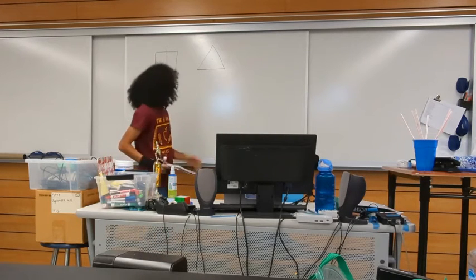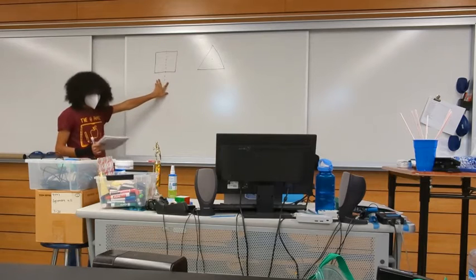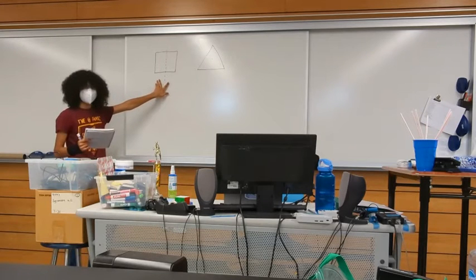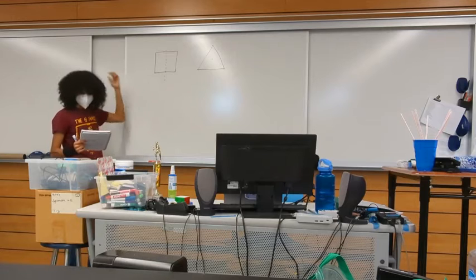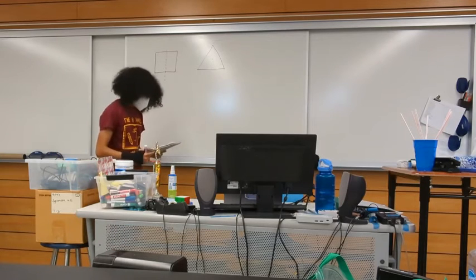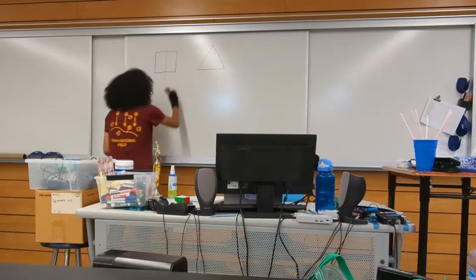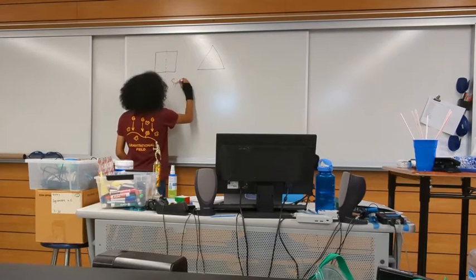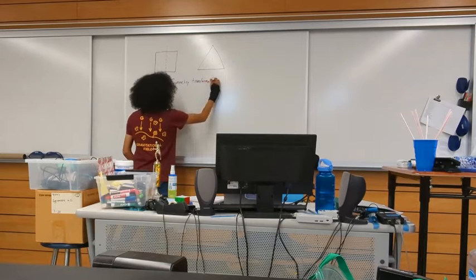From here, we're seeing that a symmetry is some sort of transformation that leaves something about this object invariant. Right? So symmetry transformations preserve some property of the object that's being transformed.